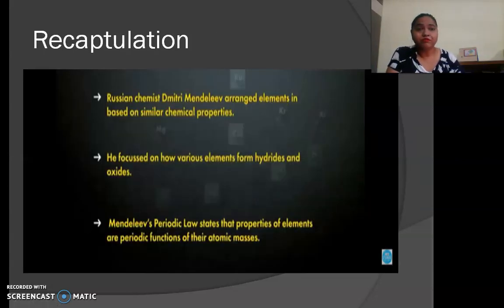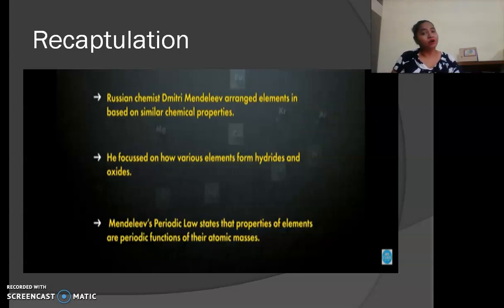Before we move forward, let us have a quick recap. Russian scientist Dimitri Mendeleev arranged elements based on similar chemical properties. He focused on how various elements formed hydrides and oxides.